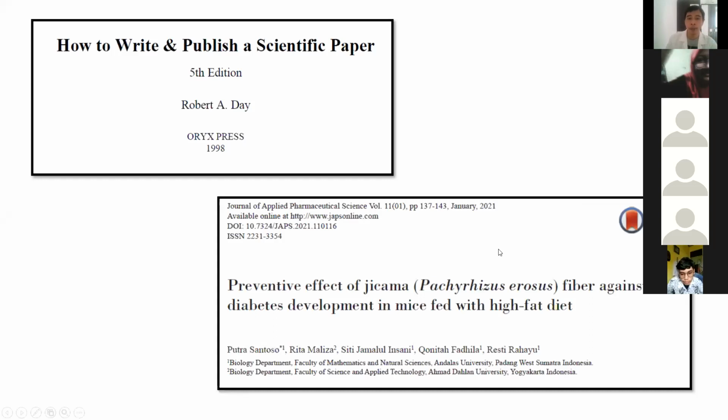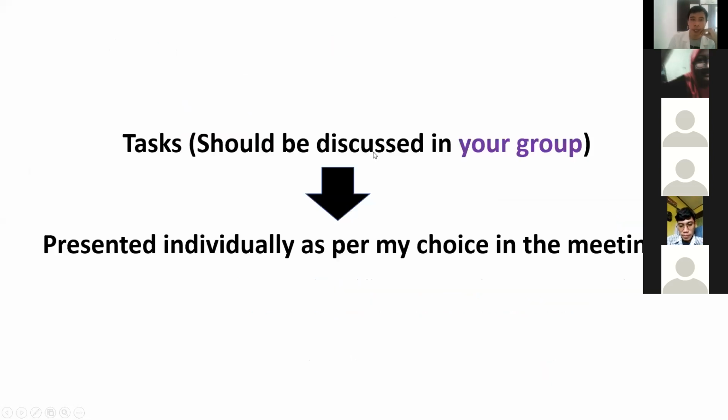And please also refer to my recently published paper, published in January, last month, about the preventive effect of hikama, or yam bean, against diabetes development in mice fed with a high fat diet. This is in an international journal, Applied Pharmaceutical Science. Next I will show you the link.